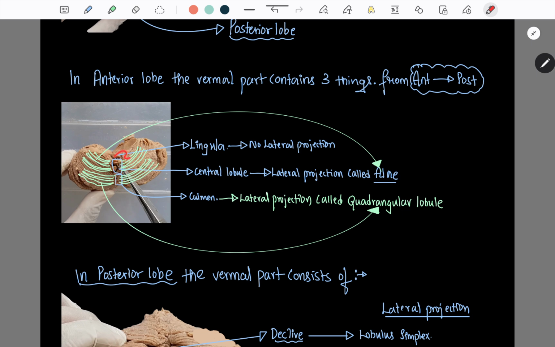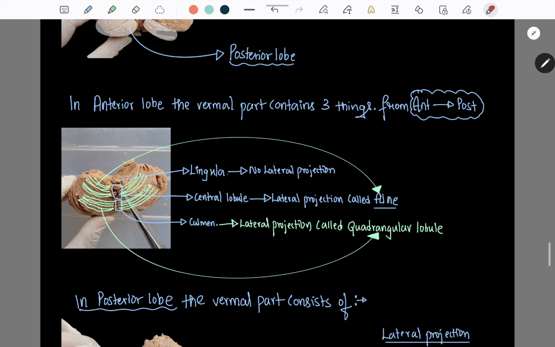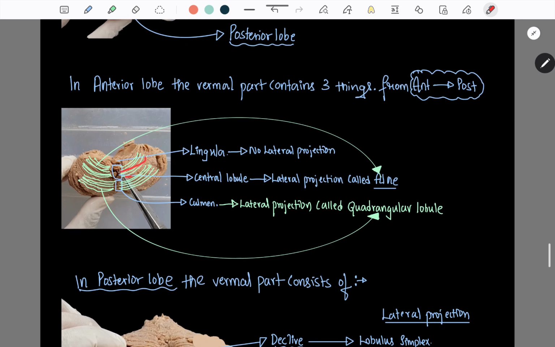The anterior lobe is divided into three parts: the lingula anteriorly, the central lobule in the middle, and the culmen posteriorly. There are lateral projections. From the lingula there is no lateral projection. From the central lobule the lateral projection is called the ala, and from the culmen the lateral projection is called the quadrangular lobule.